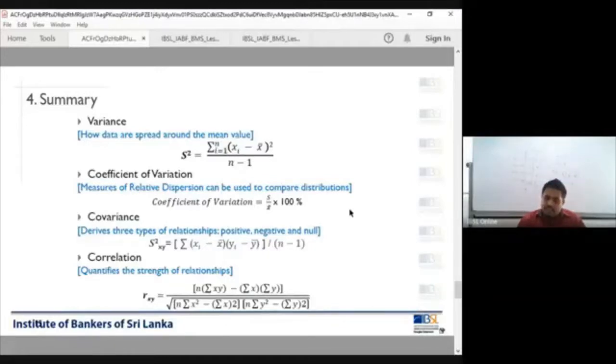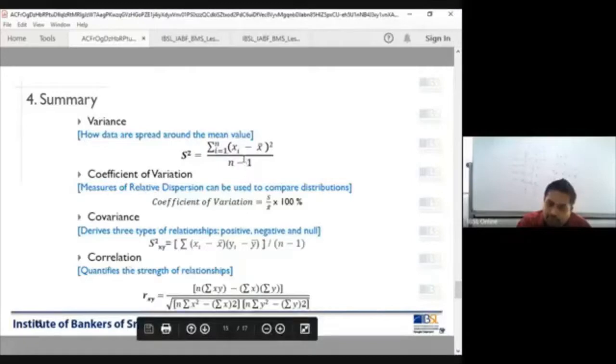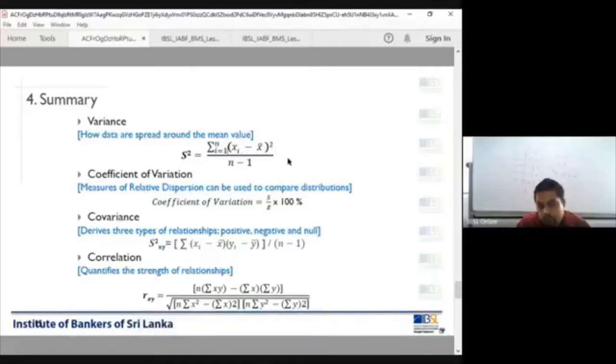as the two variable scenarios, or independent and dependent variable scenarios. This is where the variance equation took a different form. Instead of taking the multiplication of xi minus x bar to the square, we could easily calculate the covariance by taking the xi minus x bar to that of yi minus y bar values and divide by n minus 1.